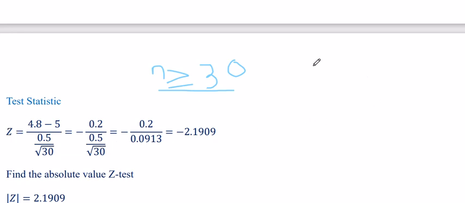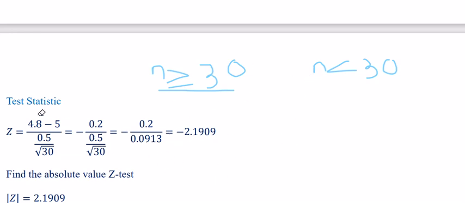But when our n, our sample size, is less than 30, we can use the t-test with a certain degree of freedom, which in the next tutorial we are going to talk about as the student t-test.